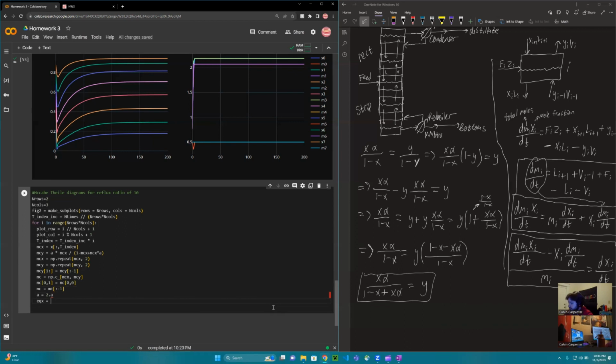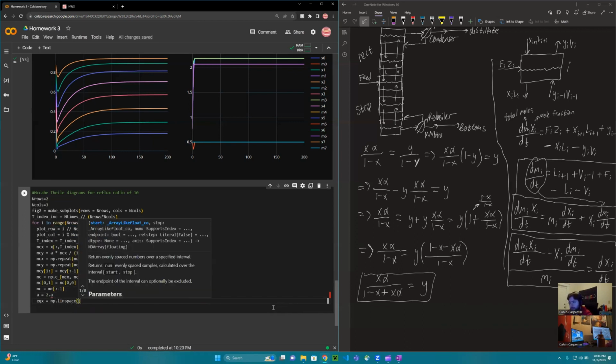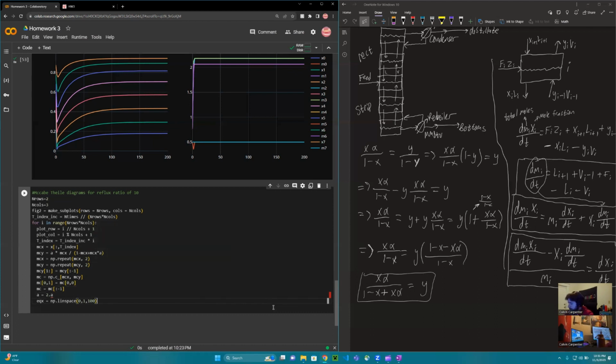X equals np.linspace from 0 to 1 with 100 steps.